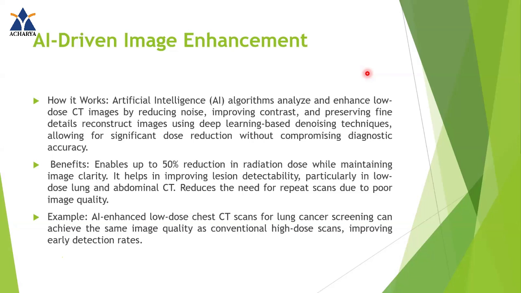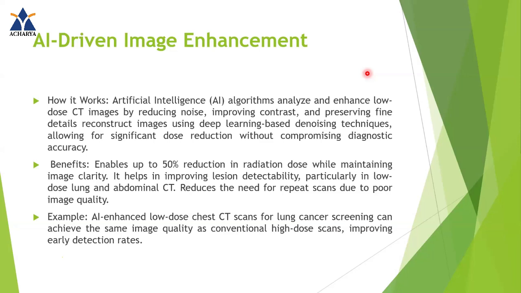Again, an example is low dose CT scans for lung cancer screening, where the same image quality is maintained as conventional high dose scanning. Usually, for conventional high dose scans, the amount of radiation received is around 5 to 7 millisieverts, whereas with AI based reconstruction, with 1 to 2 millisieverts, lung cancer screening can be performed.